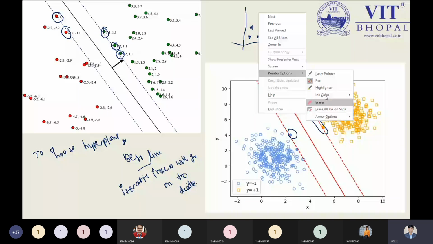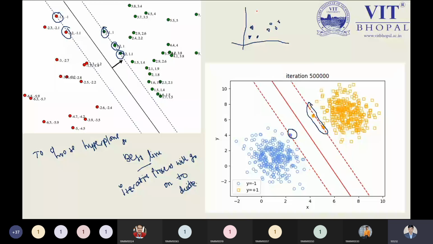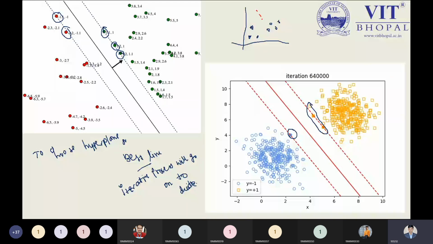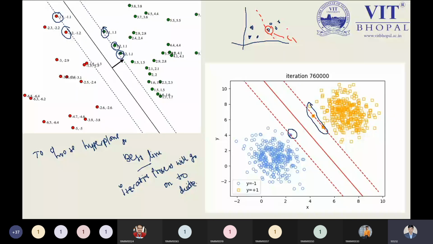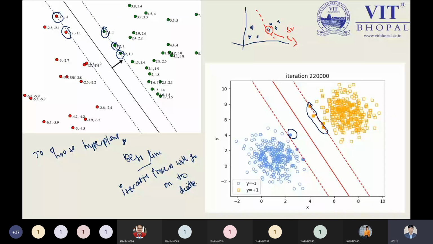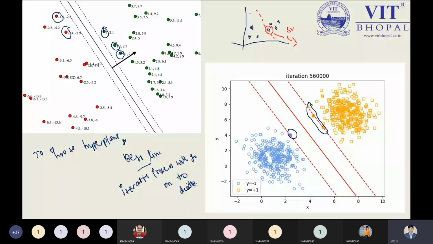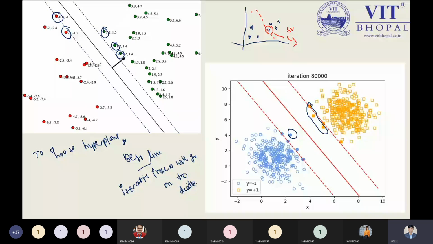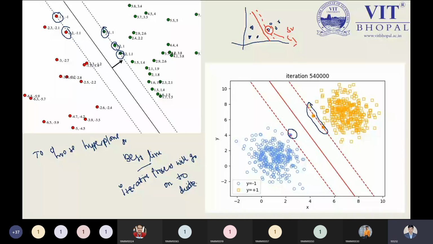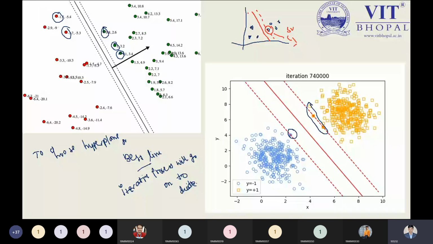There will be a line touching this data point. This data point is known as the support vector of class 1, so I can write C1 is the support vector of class 1. If we are drawing a line, we must draw it so that the margin is right.